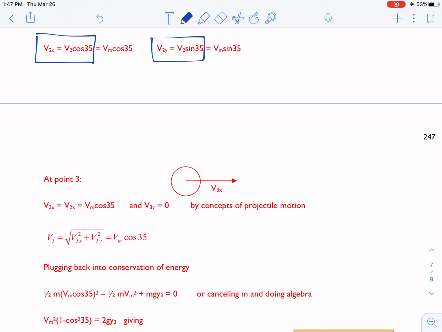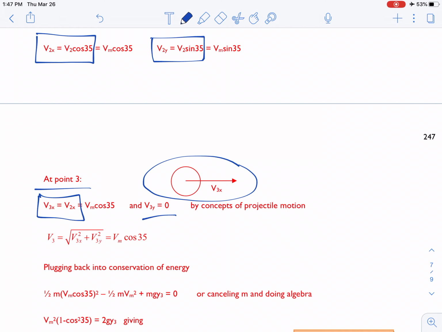Next we are going to think about point 3. This is what happens at point 3. There's only the x component, and that's v3x. Once again, because of projectile motion at the apex, it only has the x component, and that x component doesn't change because it is a constant velocity along the x direction. Only the y component changes, right? And we have 0 for the y component at point 3.